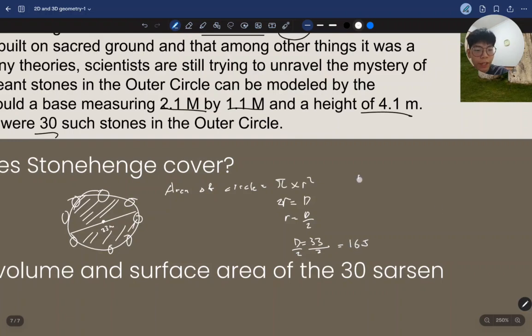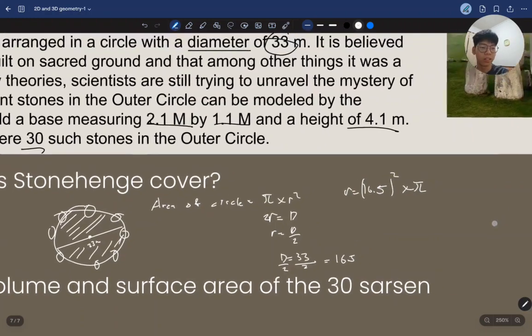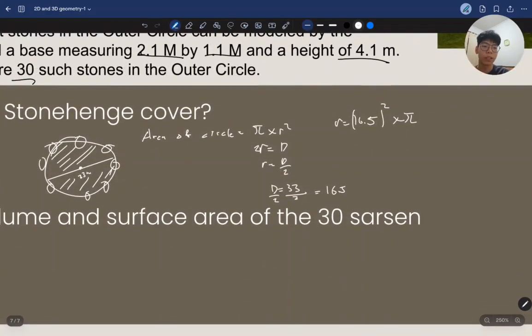So the radius is 16.5. We should square that value and multiply by pi. So it would be 16.5 squared times pi meter square. Just like that.